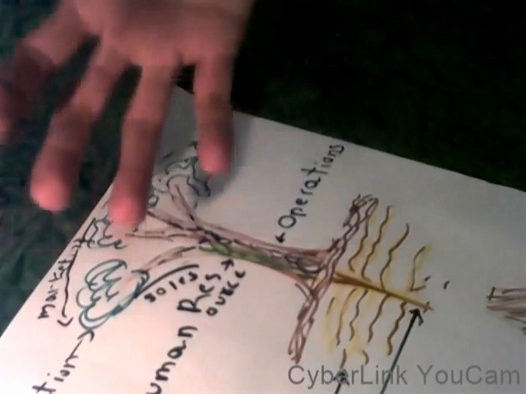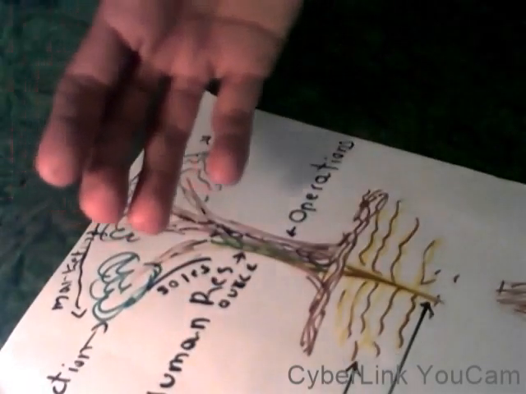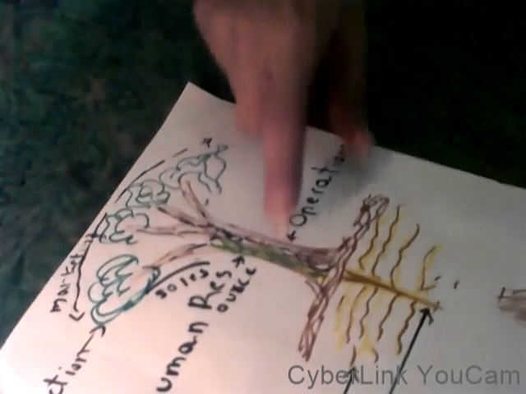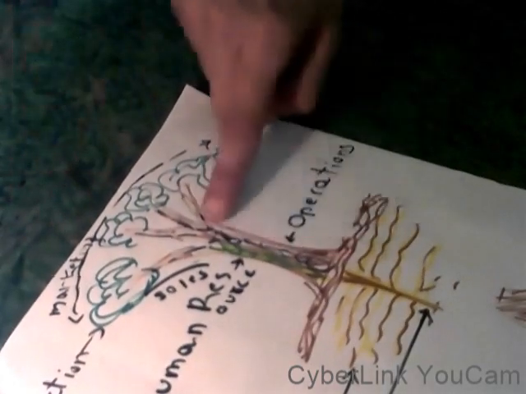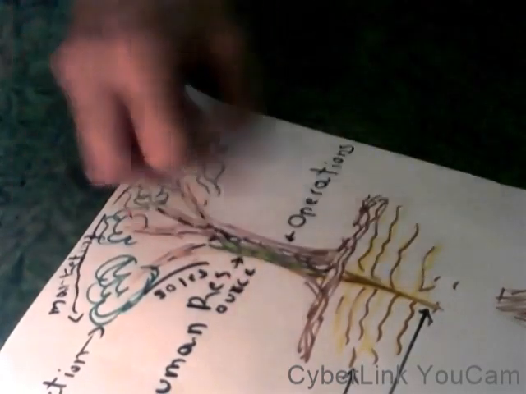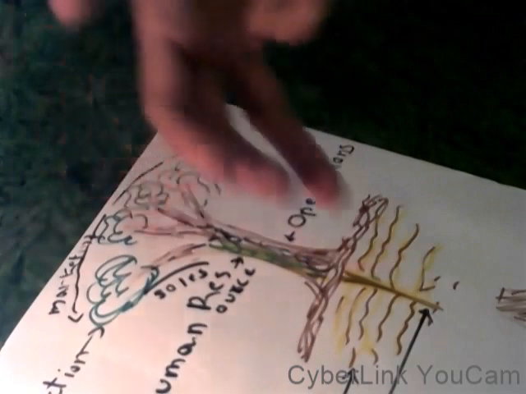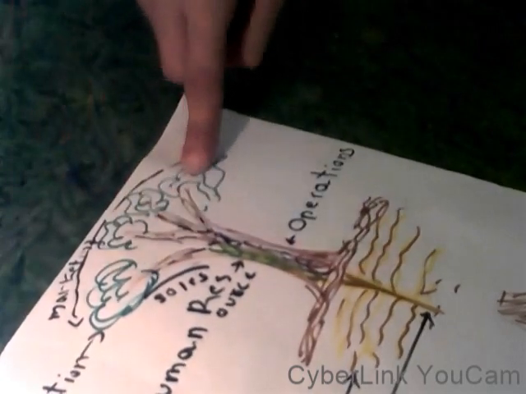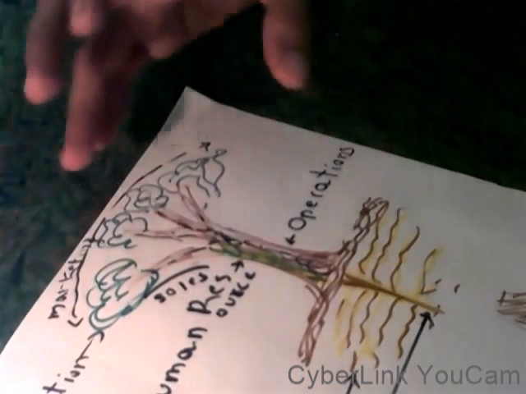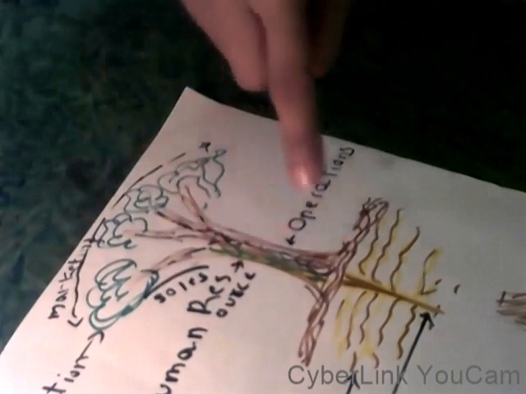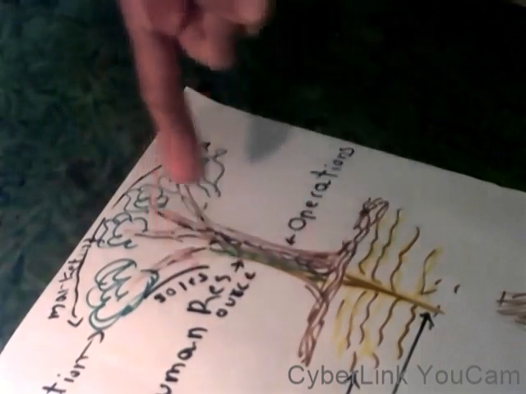And all of us who've studied even middle school level botany would know that this is the vascular tissue of the tree or the plant, where water and nutrients are sent up to the leaves so that photosynthesis can take place. All right, so this is composed of xylem and phloem.